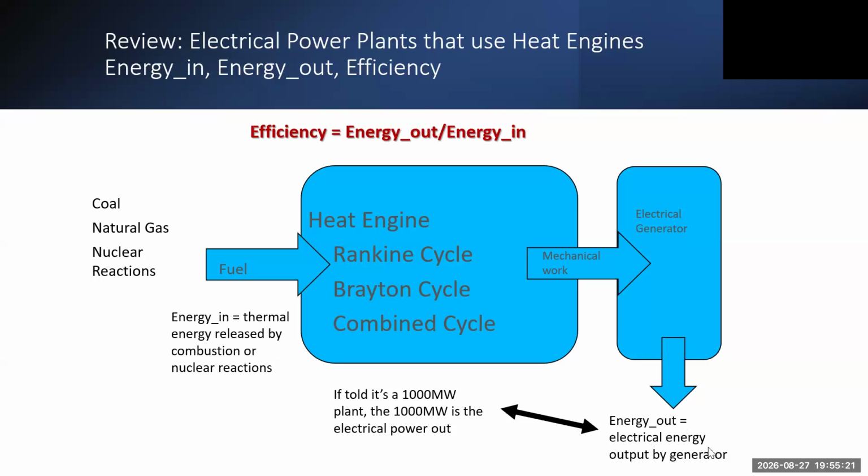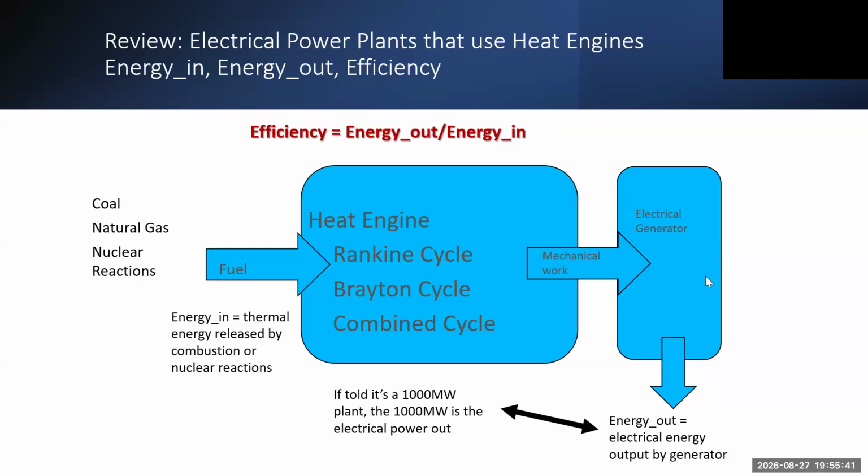It has 1,000 megawatts of electrical energy out. And remember, that means we're going to have more. Now, I keep saying energy, I really mean power. We're going to have more than 1,000 megawatts of thermal power in because efficiency is not going to be 100%.